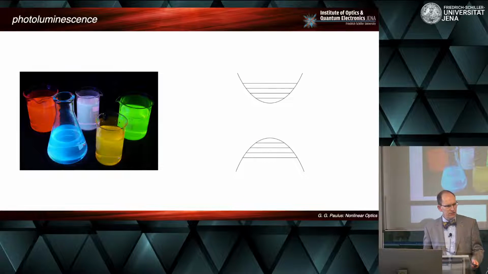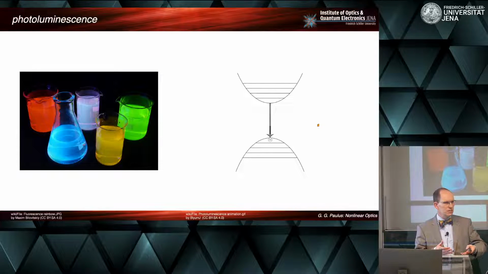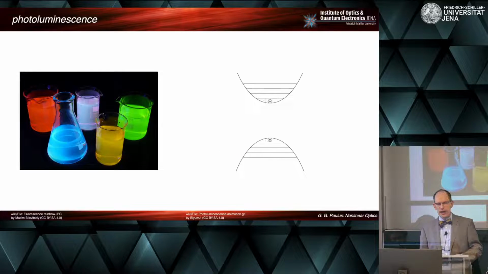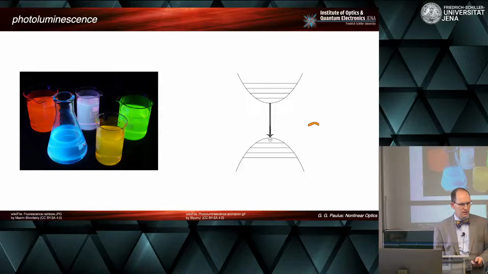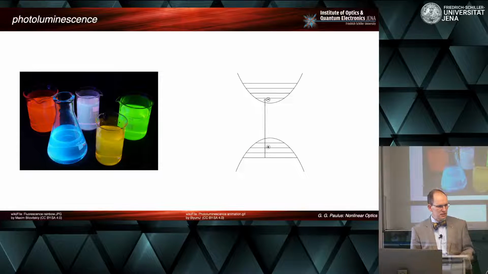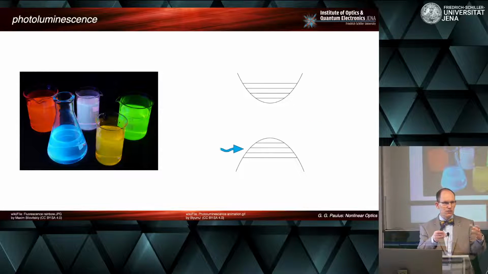And the physics of what's going on is the following. An incident photon would transfer an electron from, in a solid state material, the valence band. Here it's the valence shell, and would transfer it into an excited level. If you have a complicated molecule, then you have all kinds of vibrational states and so on, right?